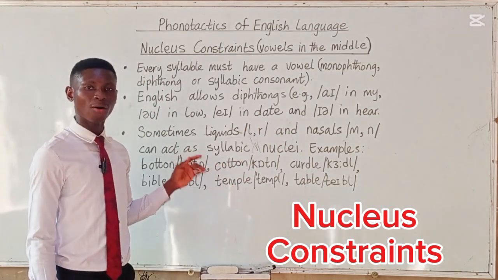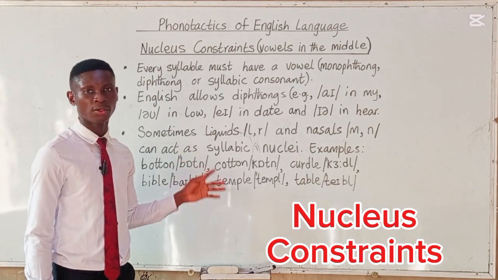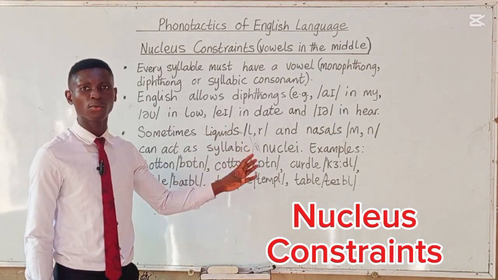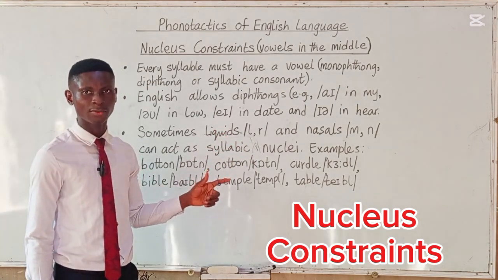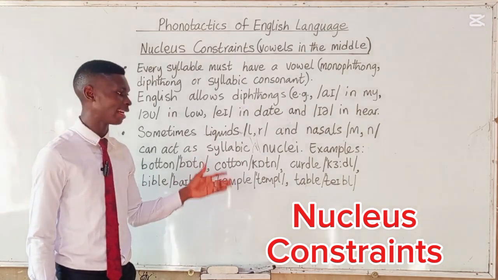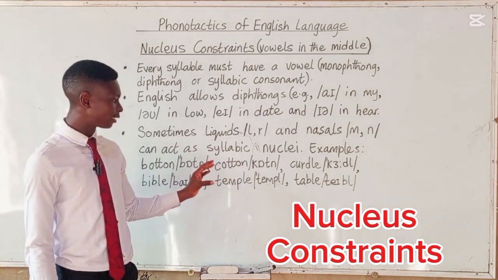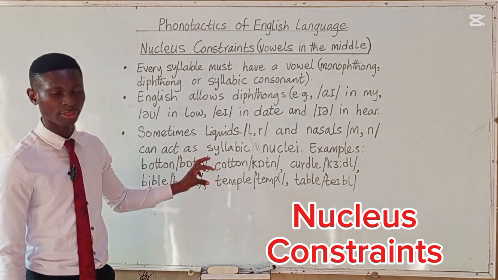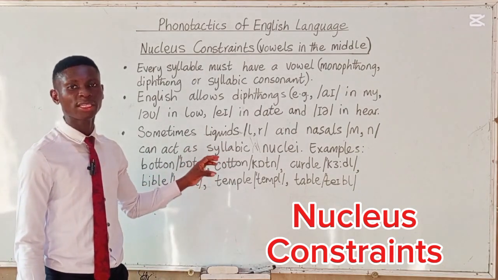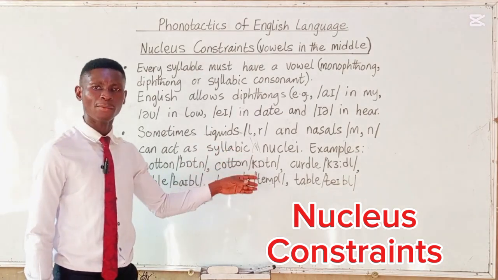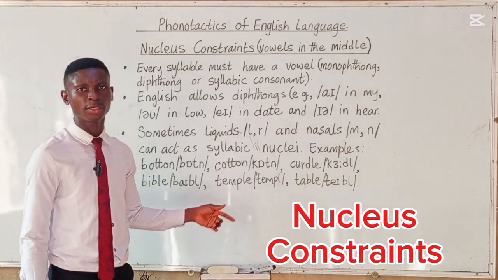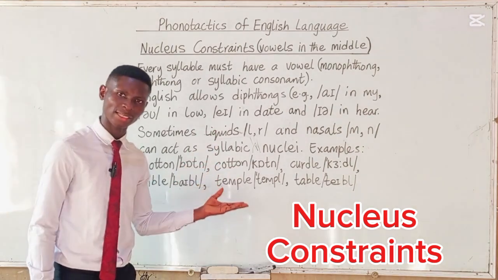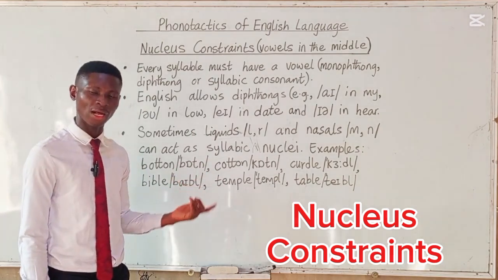The first syllable of each word has a vowel sound, but the second syllable does not have a vowel sound, but it is still considered a syllable. So this is the only exception to the formation of syllables, where we said that a vowel sound is compulsory. It's only in a syllabic consonant that we don't have a vowel sound.